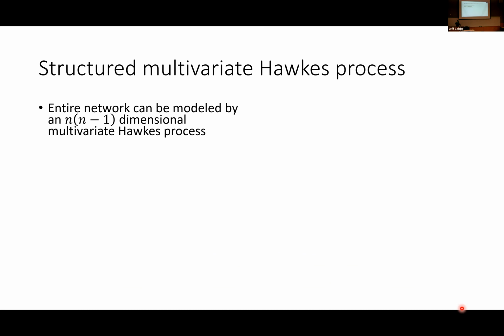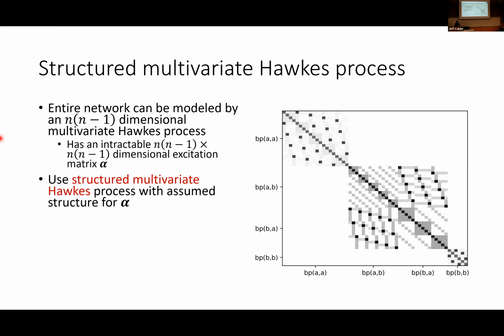So the entire network, as I mentioned before, can be modeled by an n times n minus 1 dimensional multivariate Hawkes process, the roughly n squared I mentioned. It has this intractable, roughly n squared by n squared dimensional excitation matrix alpha. So we're going to make it tractable by using a structured multivariate Hawkes process with some assumed structure for this alpha.